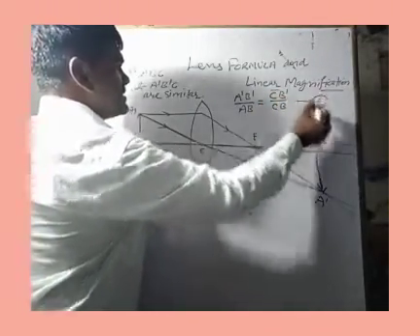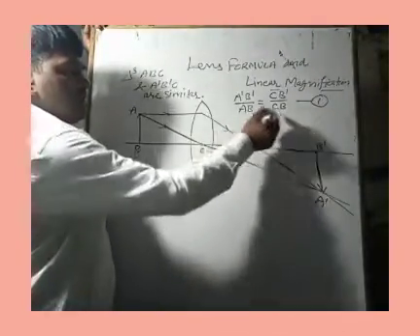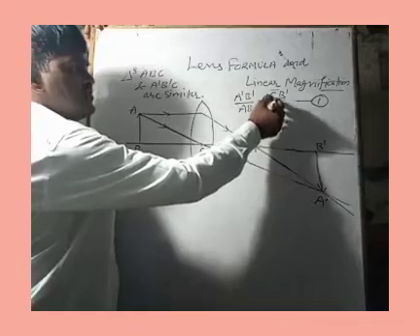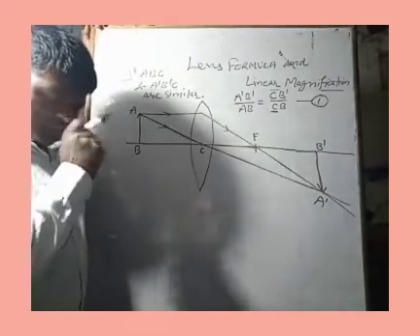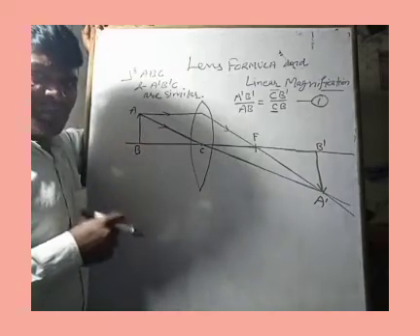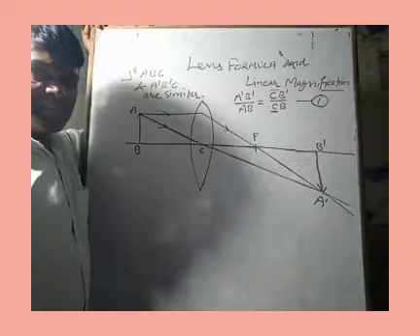Let it be equation number 1. We are measuring distances from C, because in the case of lenses, all distances are measured from the optical center. C is denoting the optical center.